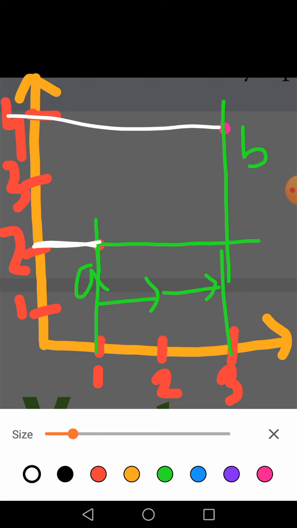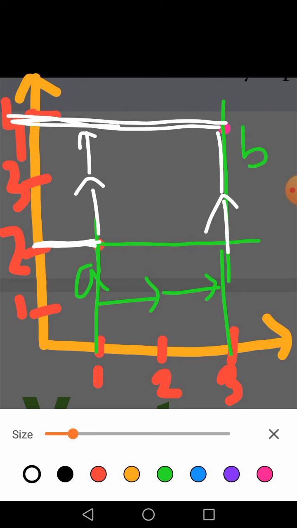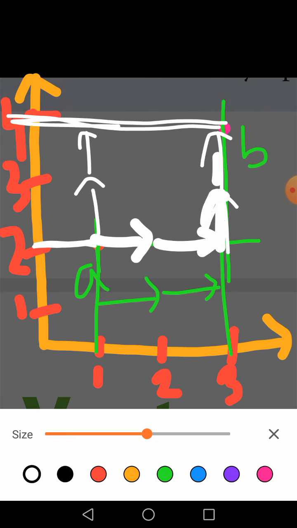From here to here, you have to go 1 step, 2 steps. So along the x axis you have to take 2 steps, and along the y axis you also have to take 2 steps.